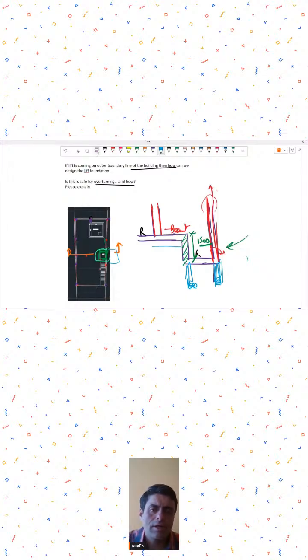Or if you have a harder strata, then you can think of providing some anchorage through reinforcement bars drilled inside the hard strata. So these can be a few options in case this region of your building is subjected to very high moments, because of which you are unable to manage the bearing pressure. So that can be one of the ways.